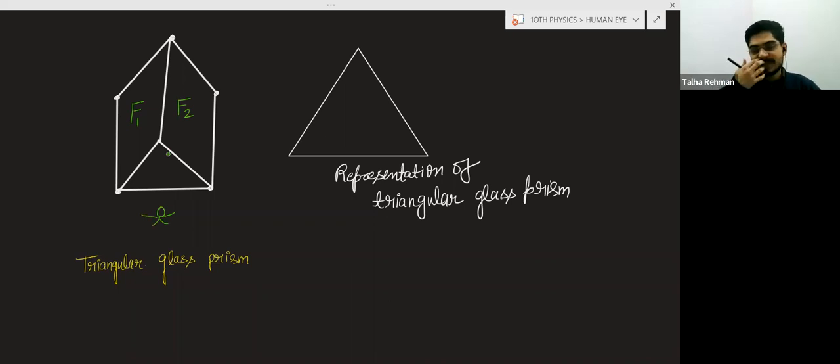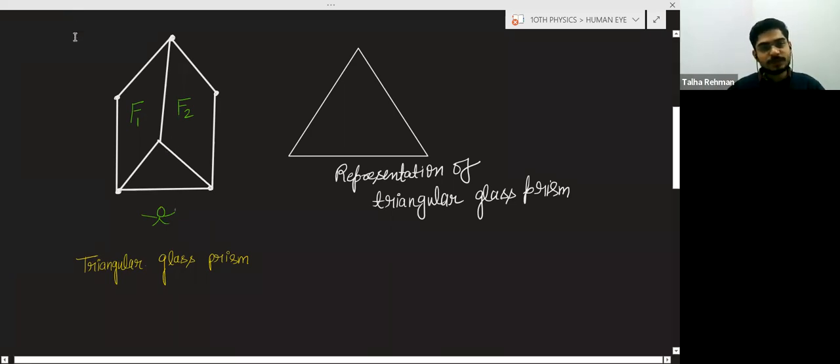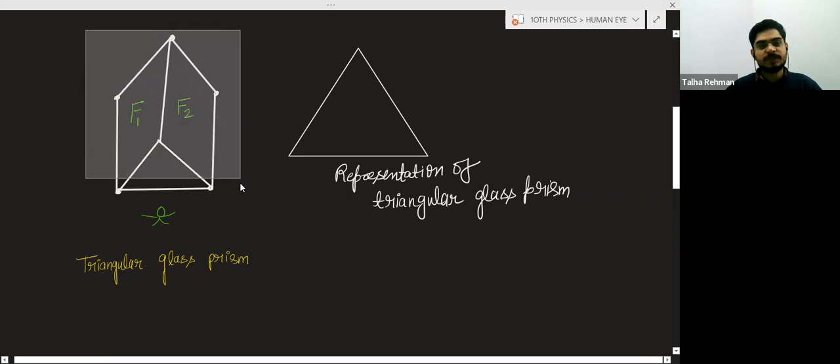And this is the top view. From the top, when you see the triangular glass prism, it will look like this.